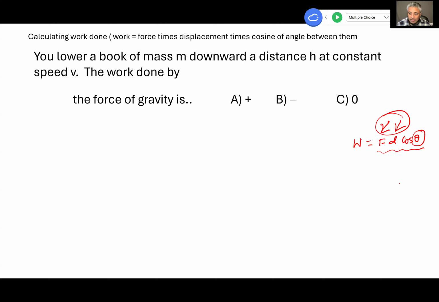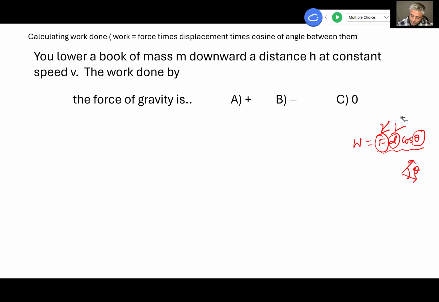Remember, in this formula, we don't use the sign of the force and displacement. We just use value. Sign is taken care of while drawing them, and that angle takes care of the direction. So that's why we have to be very careful about what angle we are using.